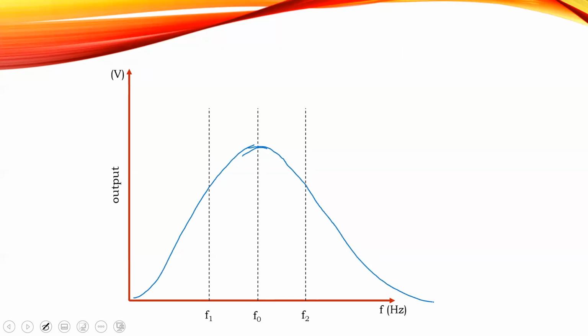Well, you get the idea, all right? F1 and F2, of course, would be the cutoff frequencies, or half power points.